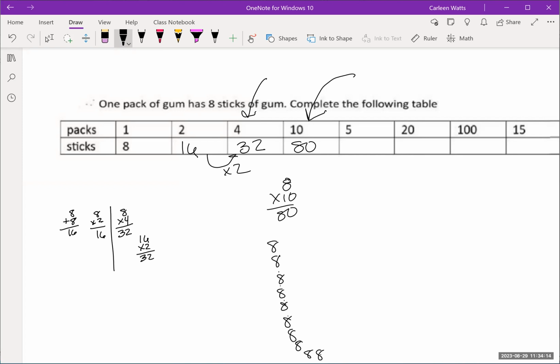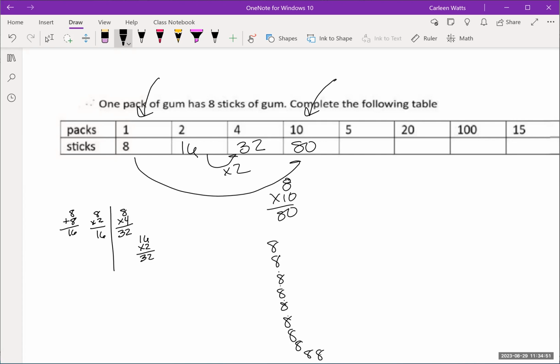Does anyone see a shortcut or an interesting pattern? Is it related at all to that one? If one pack is 8, ooh, yeah, we can't double it this time. If we already had the 5, we could double. What do you notice about going from, if I know 1 and I want 10, what do you guys notice? It multiplies 8 times the number of packs.